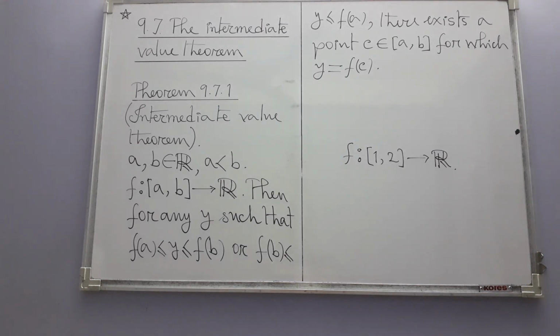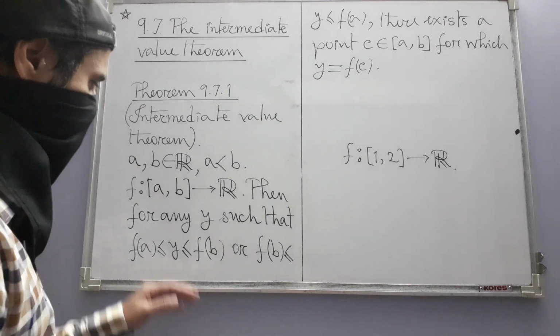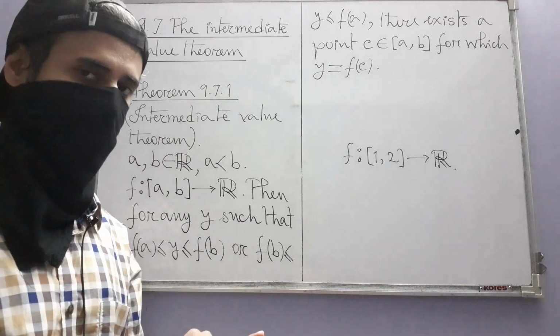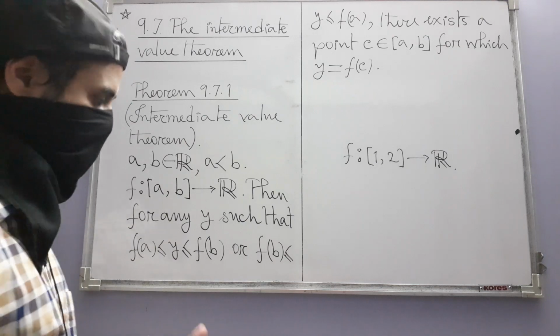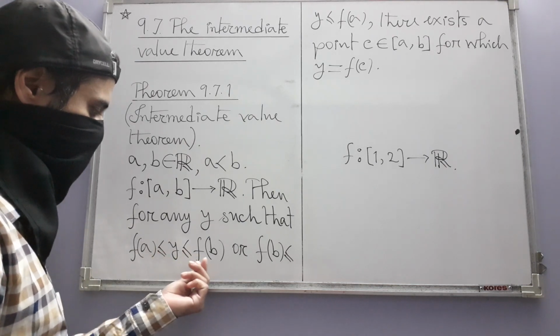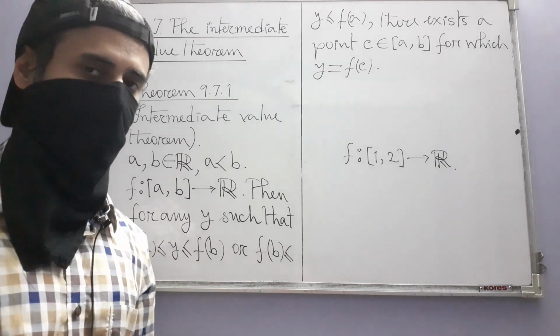So what this theorem states is that if we have such a continuous function, then it assumes or attains all the real numbers lying between f(a) and f(b).